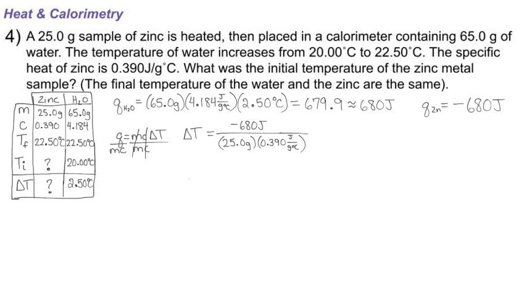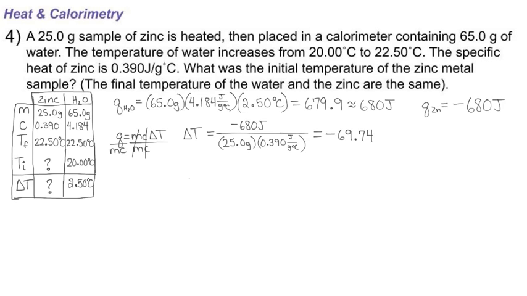So when we solve this, 680 divided by 25 divided by 0.39, I got negative 69.74. And we should have 3 sig figs in this value.